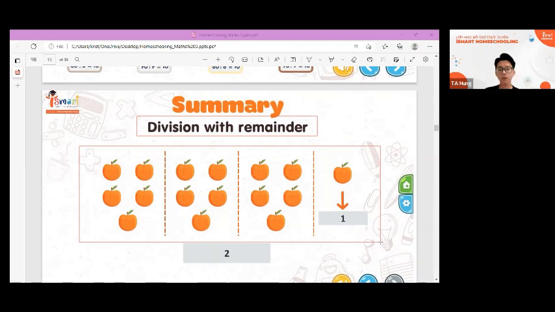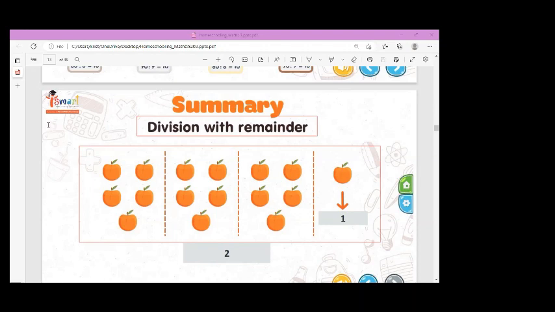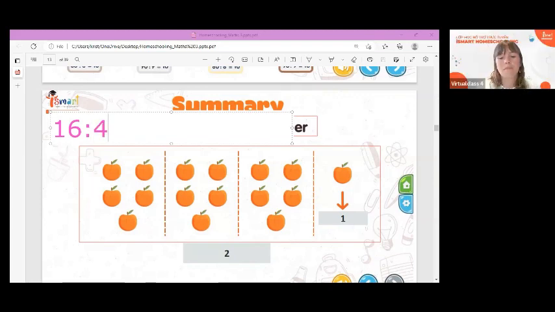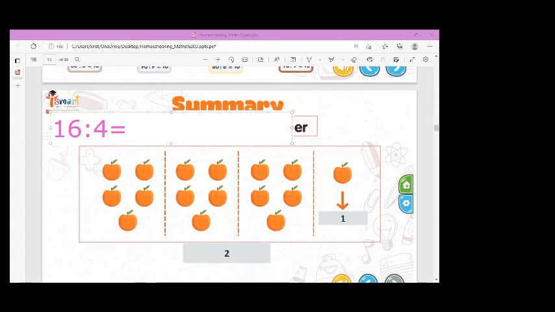Đào Anh Quân, Đỗ Minh Dũng, the sum is 16 divided by 4 equals 3.